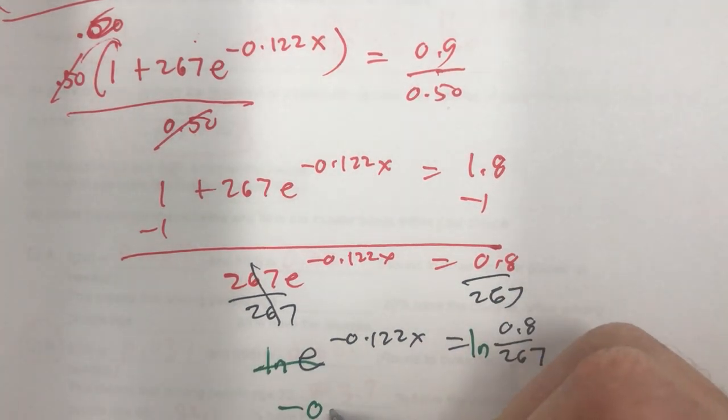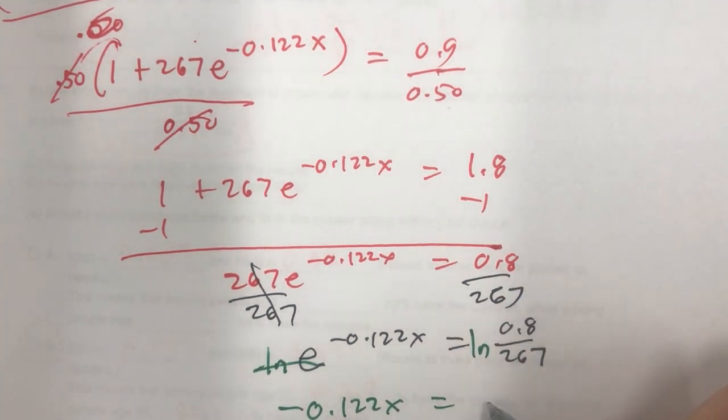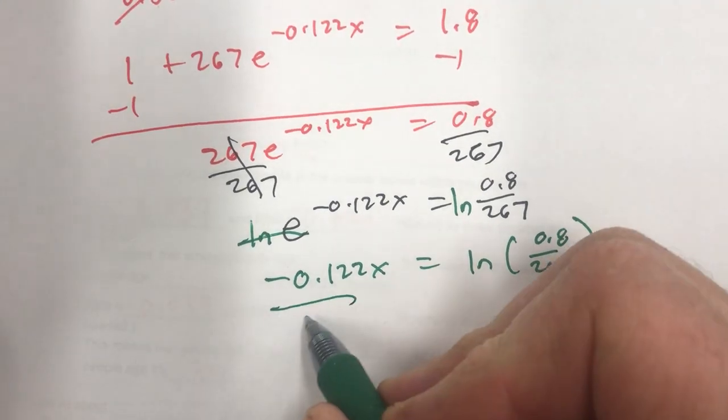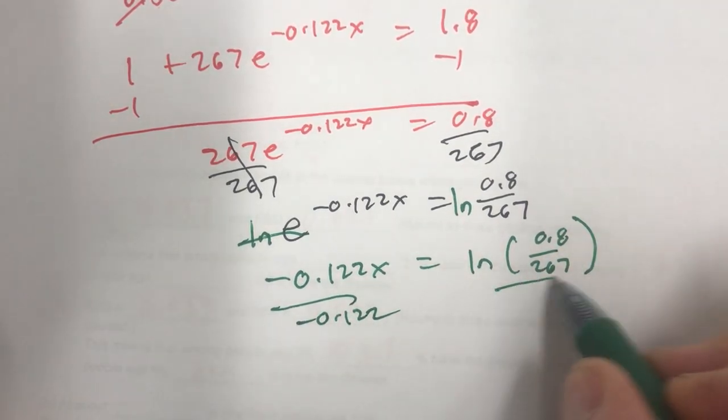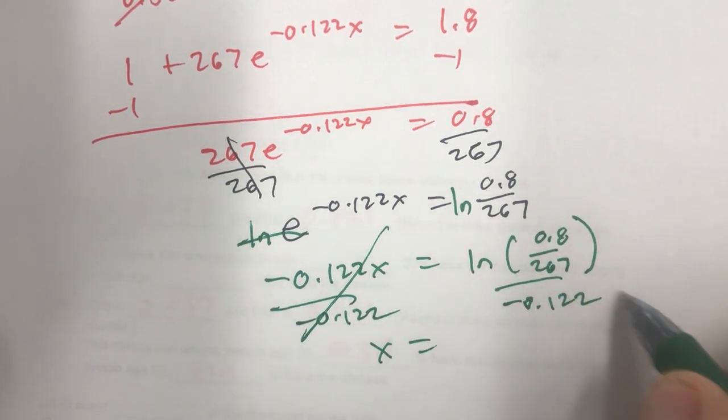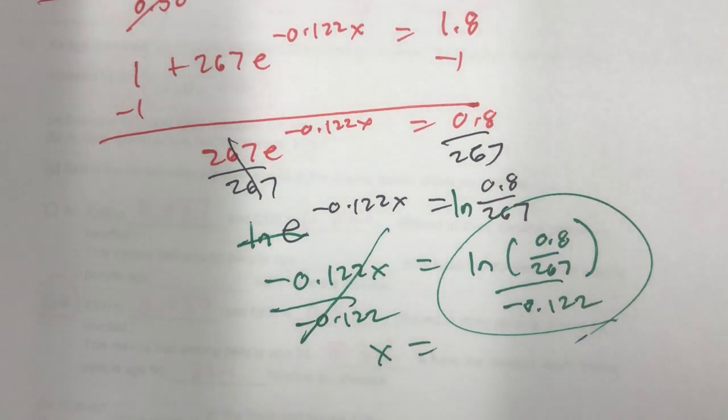So I've got negative 0.122x equals natural log of 0.8 divided by 267. And then I'll divide by negative 0.122. This will cancel, and then I'm going to type all that in.